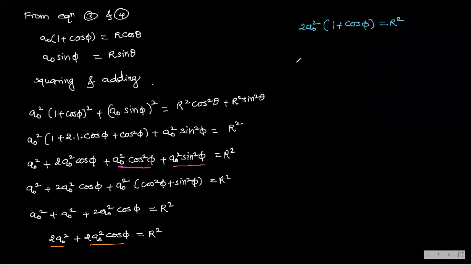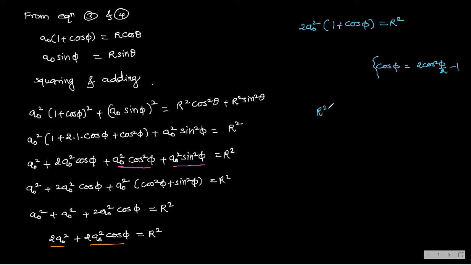Now, I want to use the half angle formula for this cos phi. We know cos phi is equal to 2 cos square phi by 2 minus 1. Now see what I'm doing.